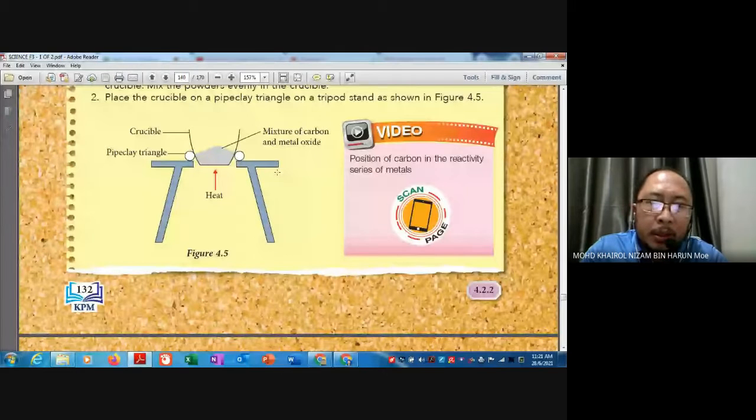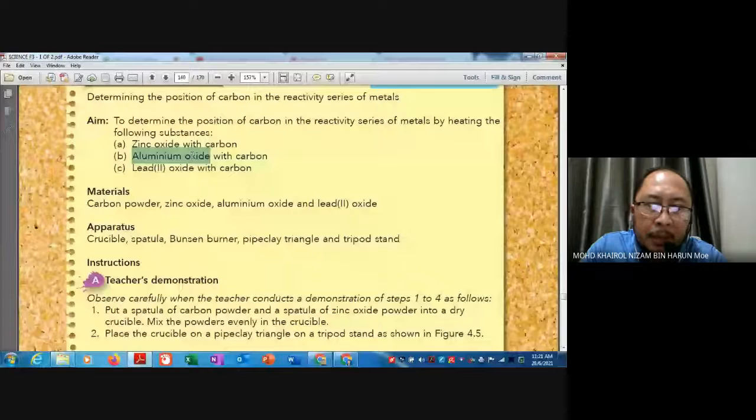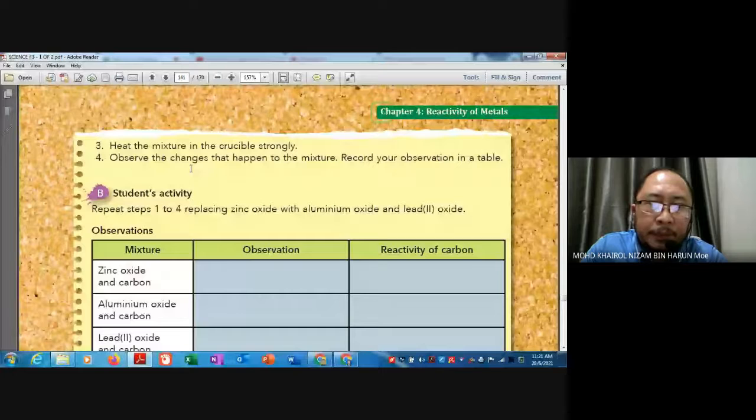So we will mix carbon with three metal oxides: zinc oxide, and then we replace it with aluminium oxide and then lead(II) oxide. After that, observe the changes that happen to the mixture. Record your observation in a table.